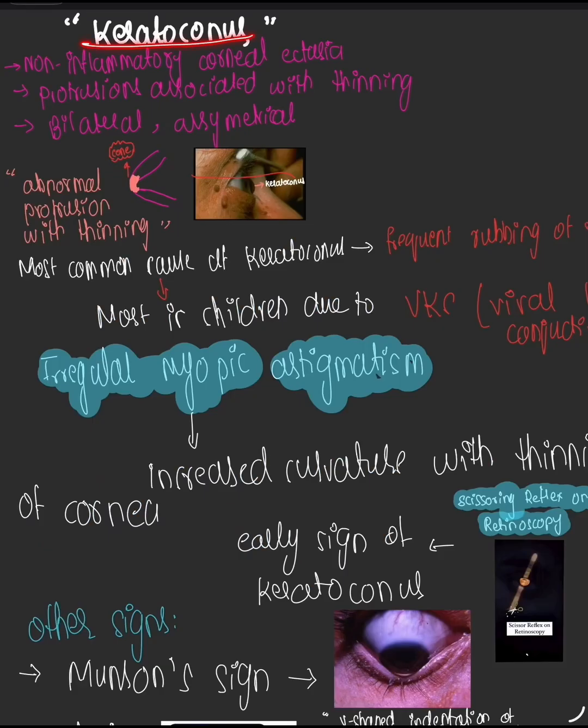Keratoconus, by definition, is a non-inflammatory corneal ectasia. What does ectasia mean? Ectasia means protrusion of the cornea, associated with thinning. It is bilateral and asymmetrical. Asymmetrical means that one eye has the advanced type of keratoconus, and the other eye can have the early stage of keratoconus.